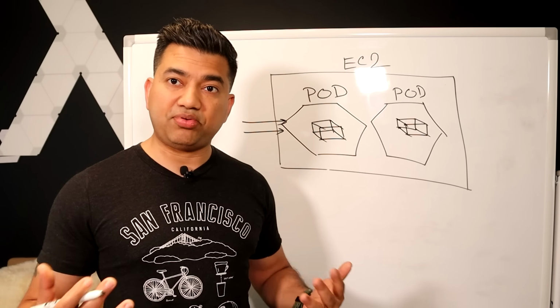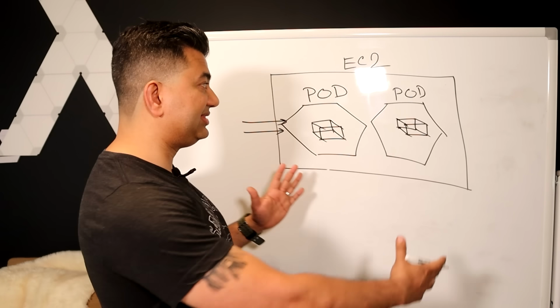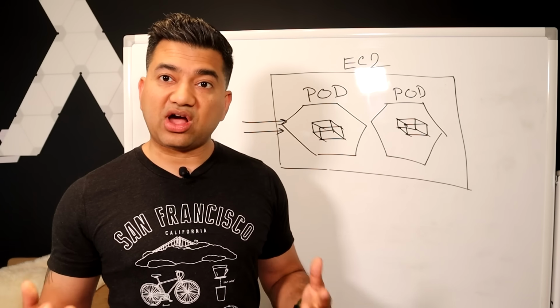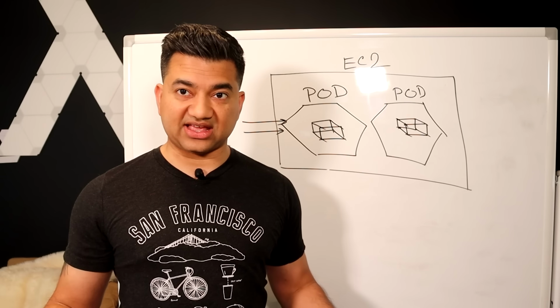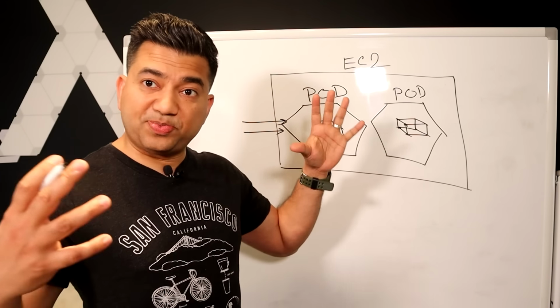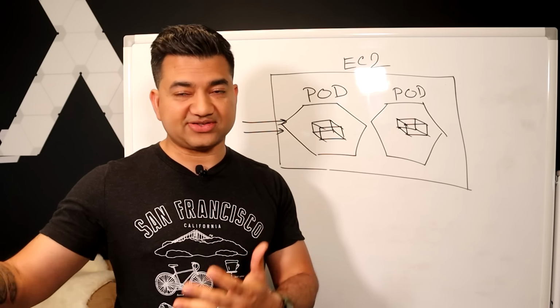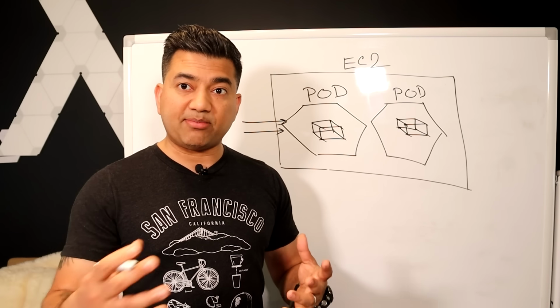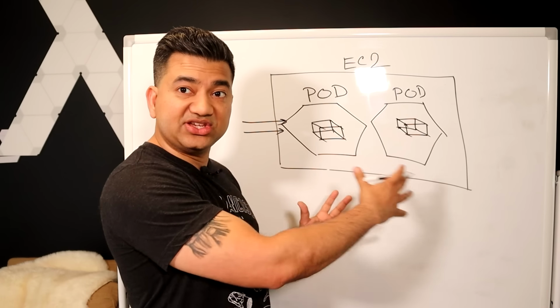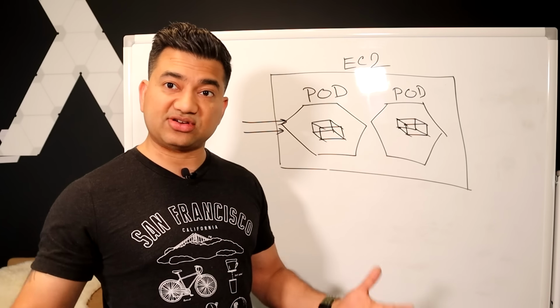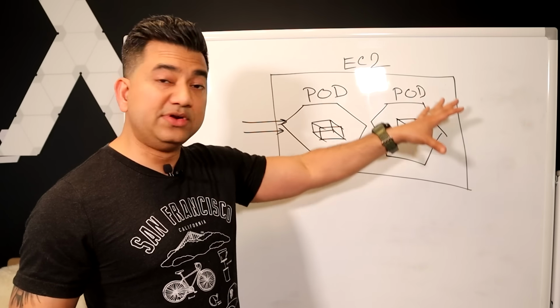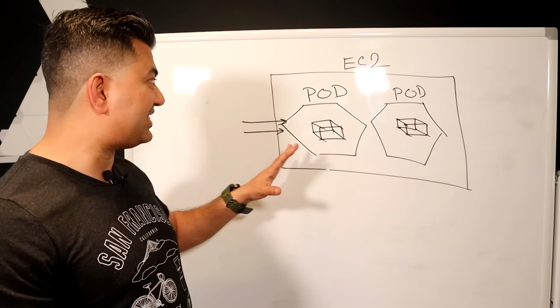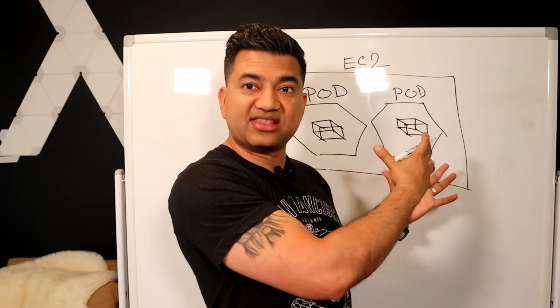So at a certain point, you have to scale this EC2 node. We call it cluster autoscaler. HPA is horizontal pod autoscaler. With HPA, the number of pods increases within EC2, but with cluster autoscaler, the number of nodes increases. So at that point, I will add another EC2.